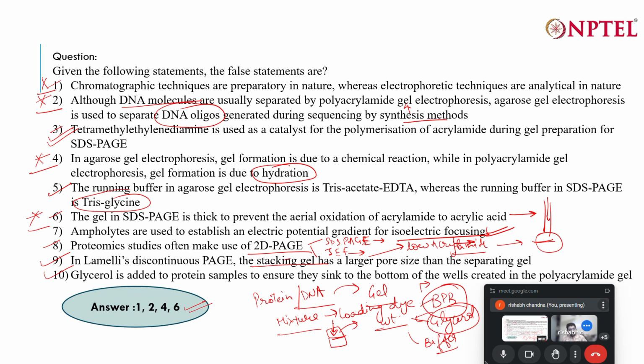So to help the sample go deep into the well, we add glycerol. This will help it to sink to the bottom of the well, and now it will help in running through the gel. Any more doubts?